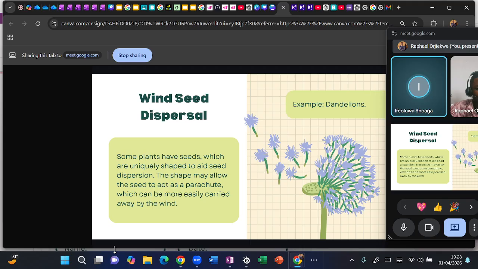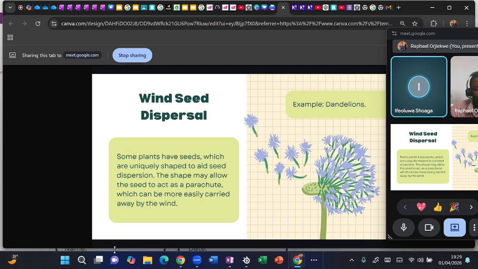Okay. So dandelions are the type of flower, and they have, you know it, or you're searching it up?